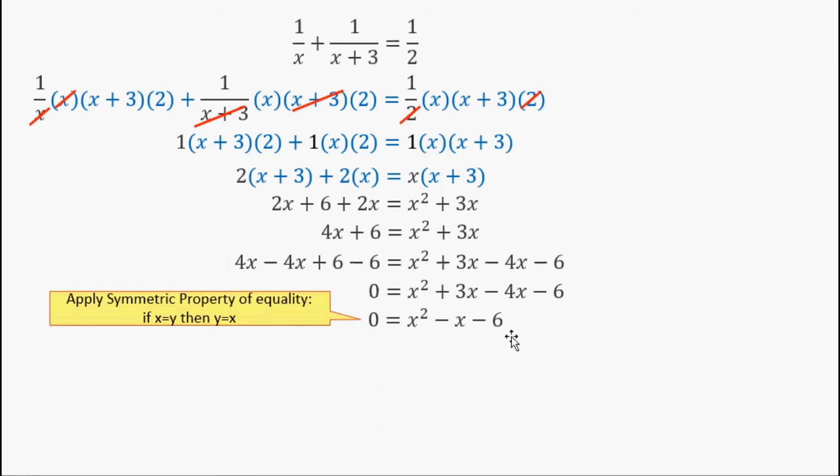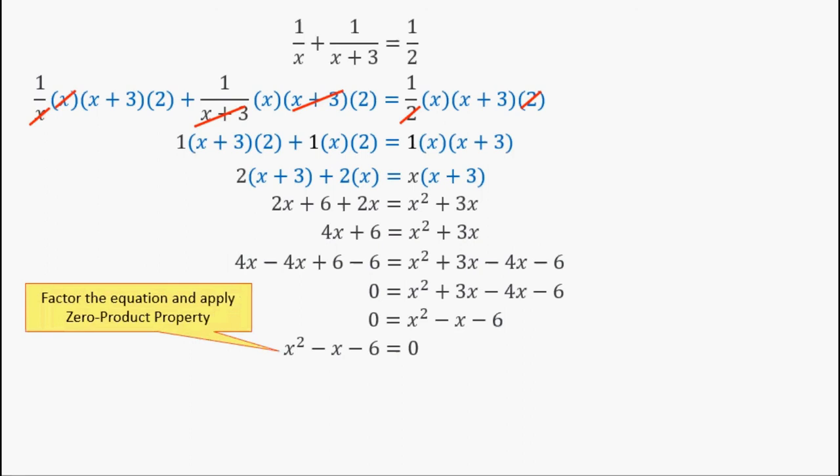Pero if nalilito ka sa ganyang arrangement at masanay ka na ang 0 ay nasa kanan, you can apply the symmetric property of equality in which if x is equal to y, then y is equal to x. Kaya naging x squared minus x minus 6 is equal to 0. Nagpalit lang sila ng pwesto.